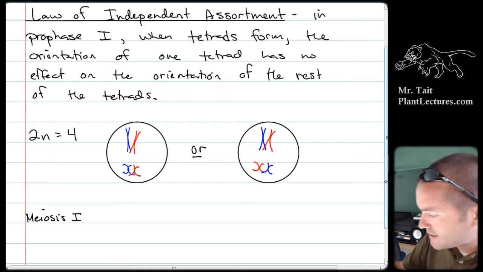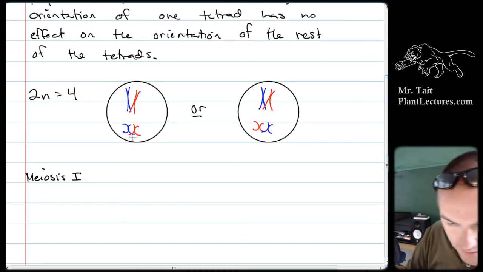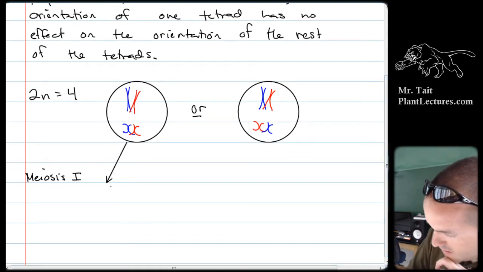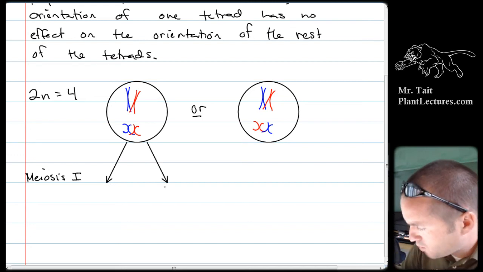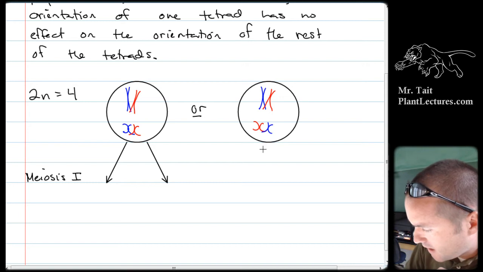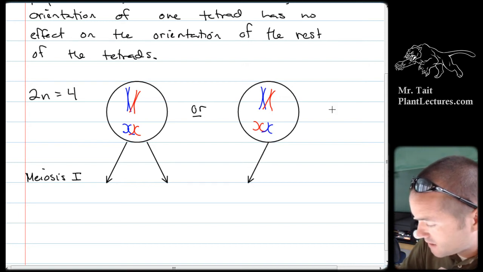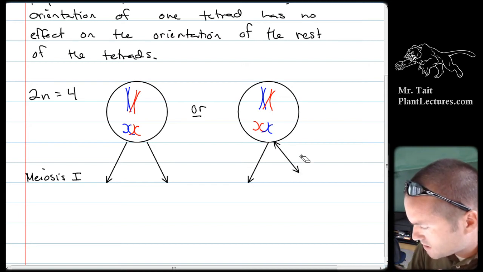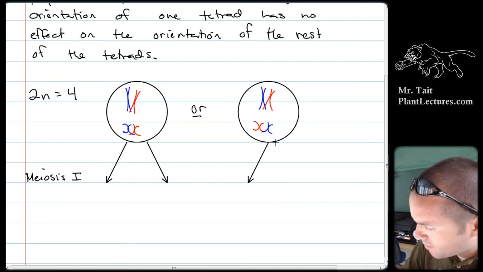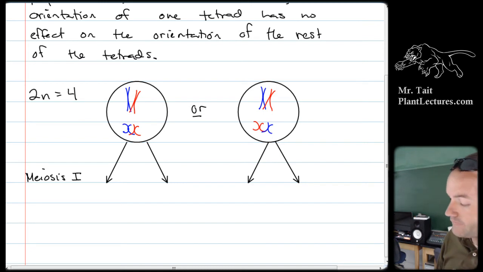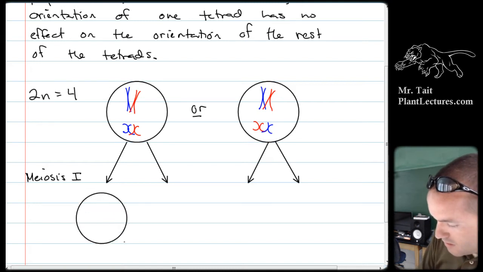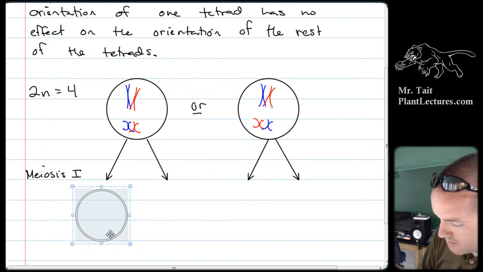And when they go through meiosis 1, they are going to create haploid cells. Because we know that in meiosis 1, what happens is the tetrads, rather, whoopsies, the tetrads are separated and the sister chromatids remain connected. Okay, so now we've got 4 possible orientations here, 4 possible outcomes.